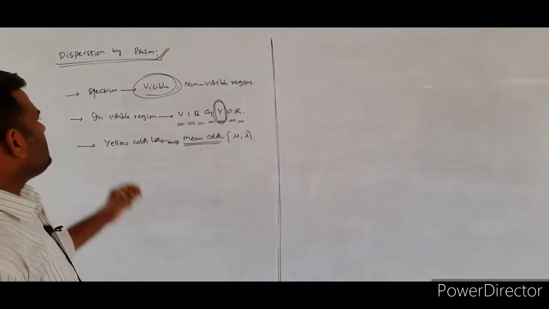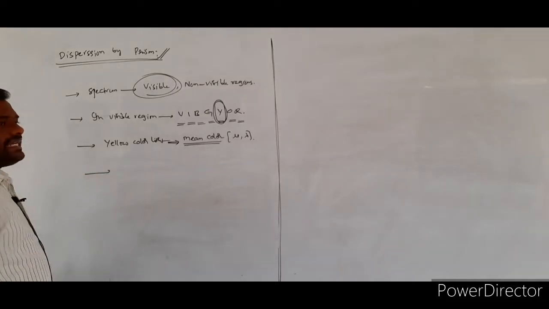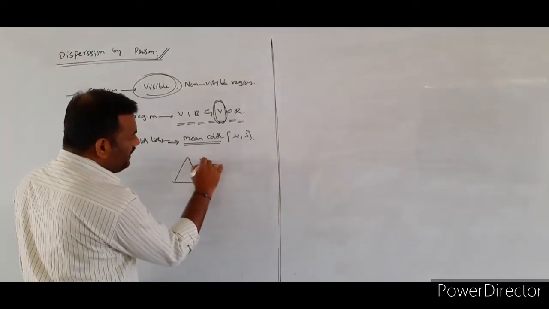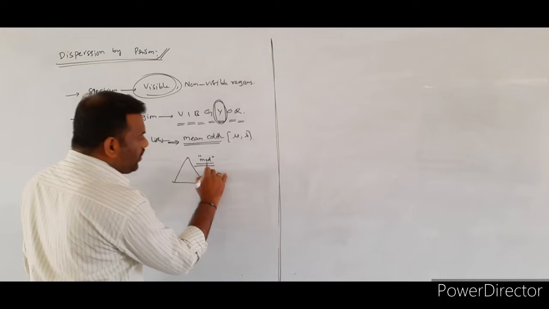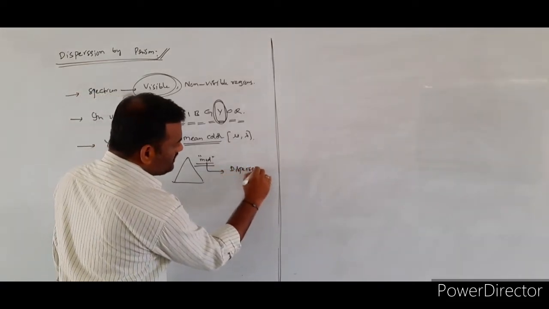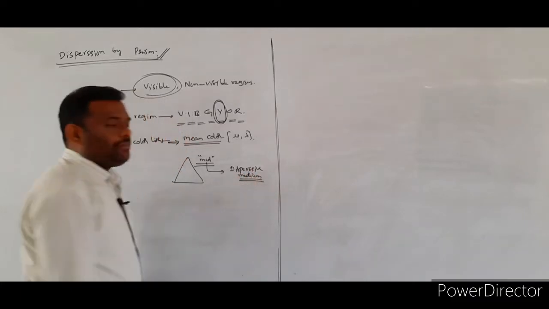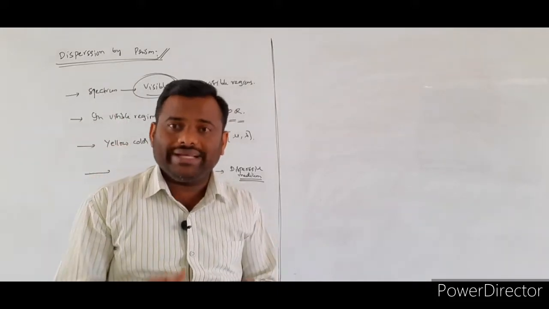So this is the dispersion of the light. Next, while you are taking the dispersion of the light, the prism will be placed in a given medium. Such a medium we are calling as a what? Dispersive medium. That means the medium in which the dispersion of the light takes place.